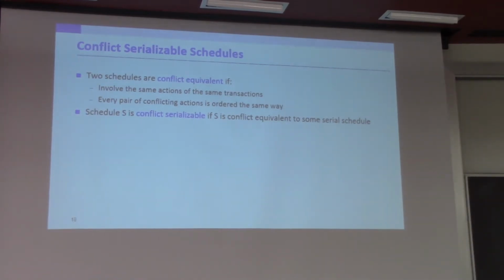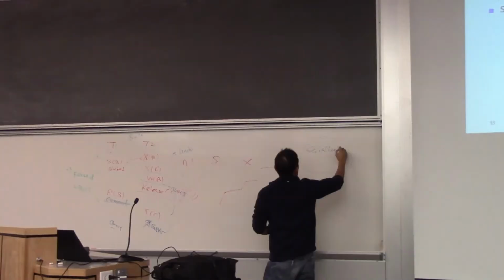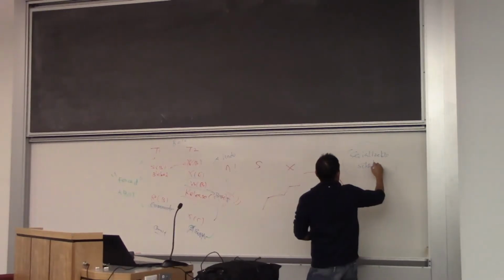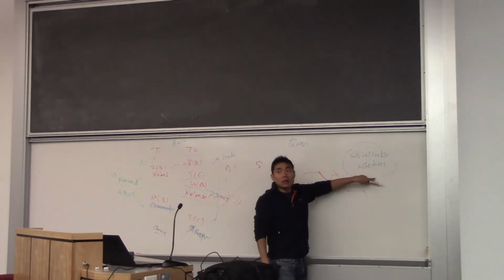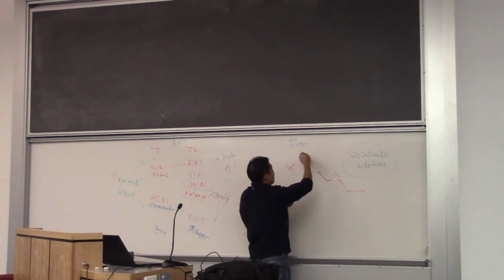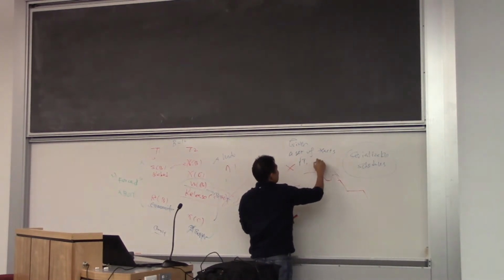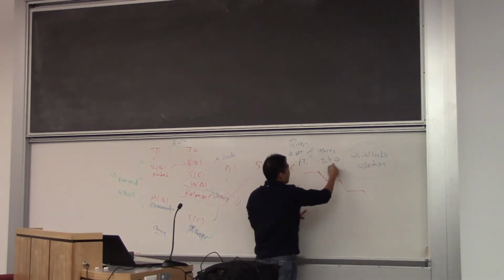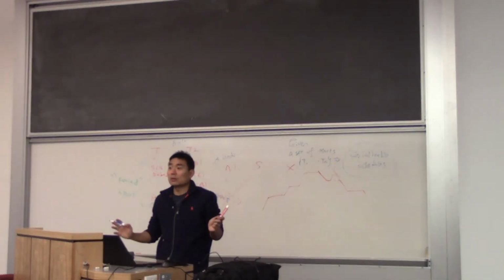So imagine this is the set of serializable schedules. Of course, this set only makes sense if you are given a set of transactions, let's say T1 to Tn. Once you are given the transactions, it defines a set of serializable schedules.